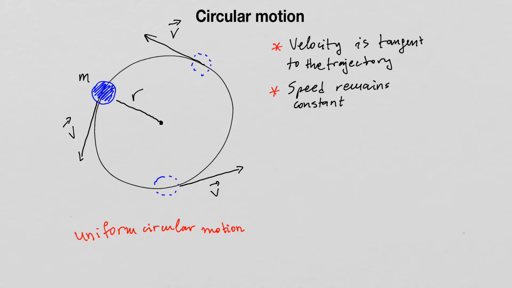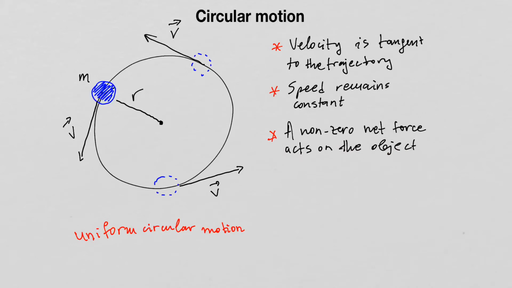And the object will continue to move like so unless a non-zero net force acts on it. And so this mass constantly changes direction as it's moving around this circle. Therefore, a non-zero net force must be acting on this mass.